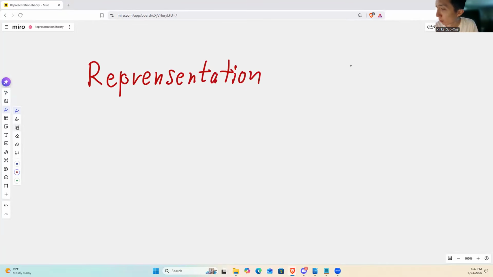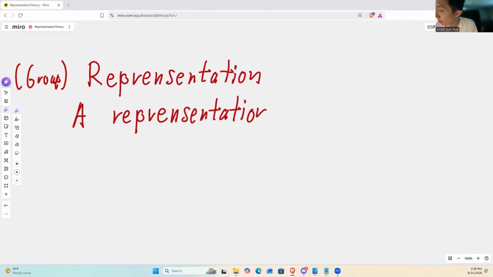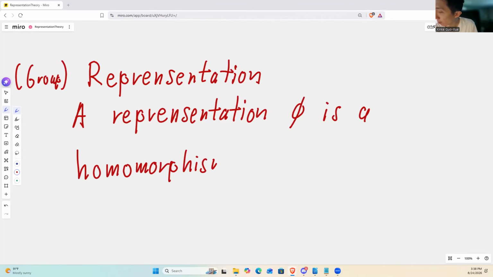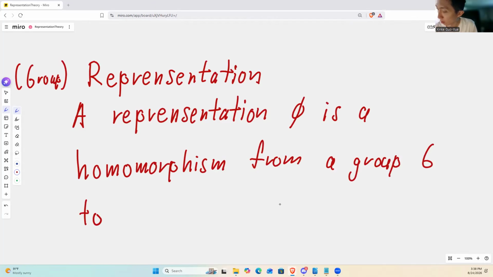So, a representation is, well, a representation, or rho, is a homomorphism of a group G to GL_n.